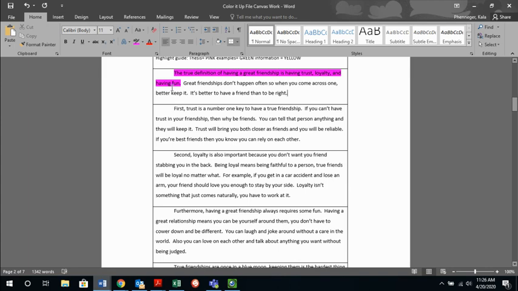For our first body paragraph, it says, first, trust is a number one key to have a true friendship. If you can't have trust in your friendship, then why be friends? You can tell that person anything, they will keep it. Trust will bring you both closer as friends, and you will be reliable. If you are best friends, then you know you can rely on each other.